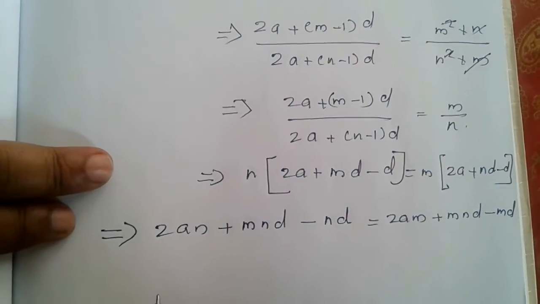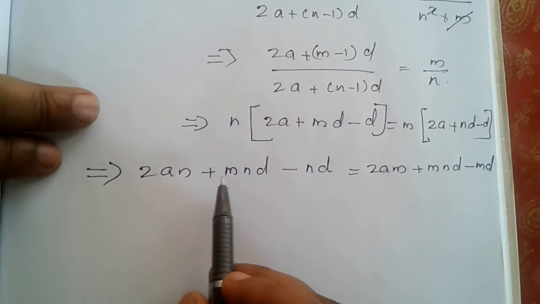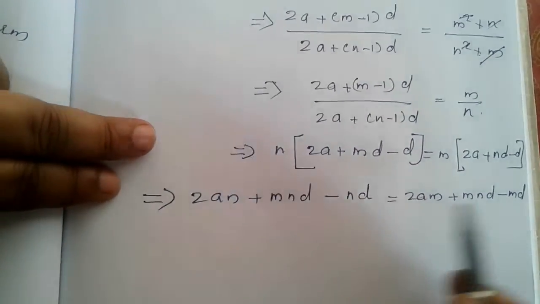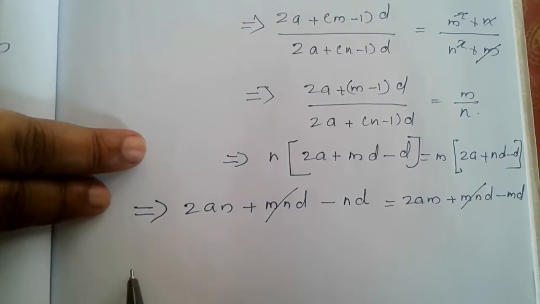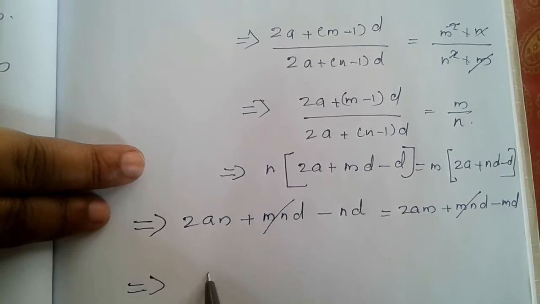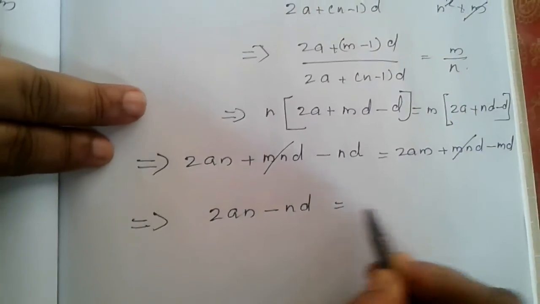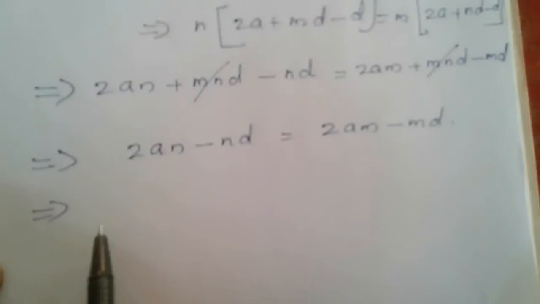The common terms with the same sign we can cancel from both the sides. So mnd gets cancelled. So we are getting 2an minus nd equal to 2am minus md.